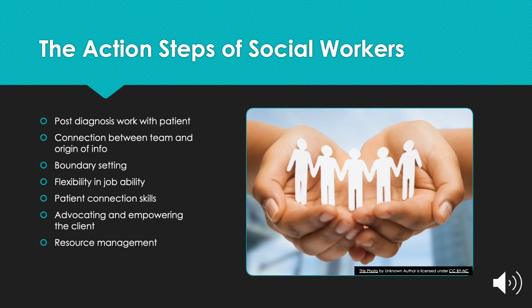That is only to increase your ability and your flexibility within your job so you can be a help to many more at the same time as helping the person in front of you. Being able to connect with the patient is also an important skill, as stated before, and advocating and empowering the client and using your resources are all that make social workers who they are, especially in the health setting.